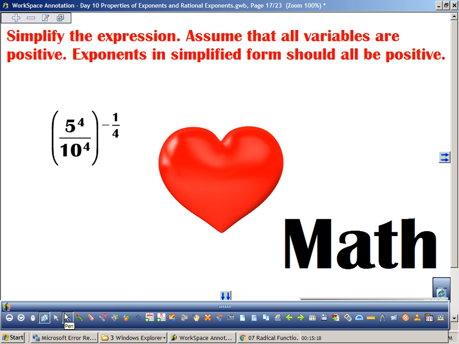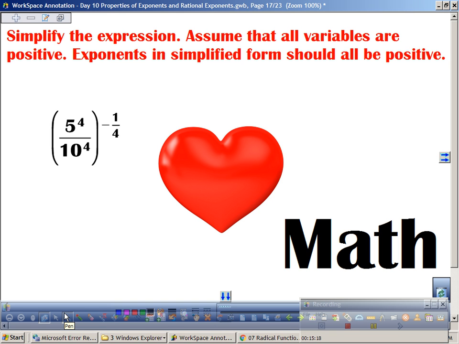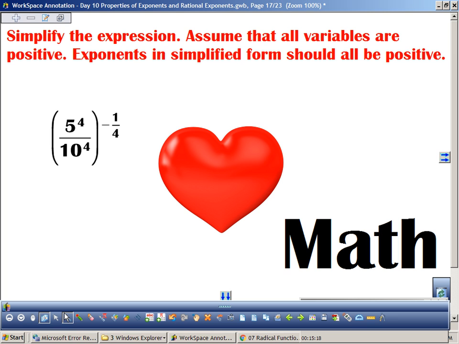Okay, so when you have a negative exponent on the outside, there's so many different ways I could do this. I could distribute the negative 1/4. I think I'm going to work that way.